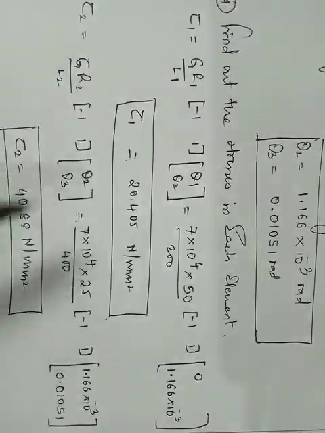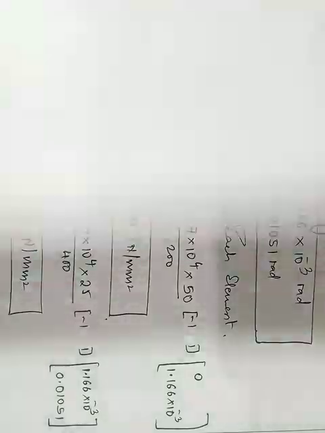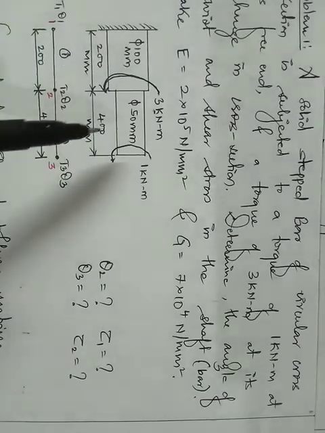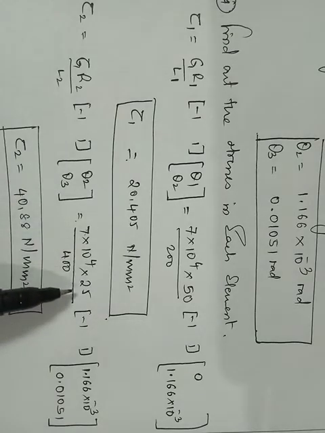That is the reason I have taken theta 2 and theta 3. Right? So 7 into 10 raised to 4. The diameter of the second element was 50 mm, and now we need to take radius as 25 divided by 400. If you simplify this, you will be getting tau value as 40.88 Newton per mm square. So that's it. That is what we have been asked to find out.